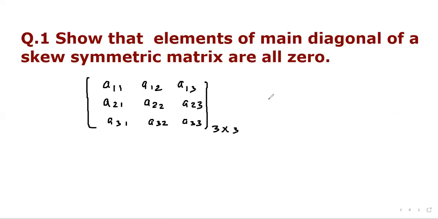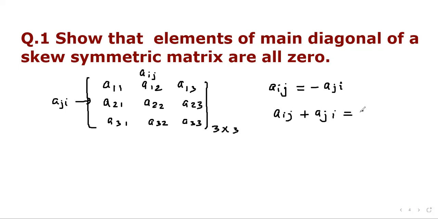So we can say that Aij is negative of Aji. Here this is Aij, so this will be Aji. Now we shift this term to the LHS: Aij plus Aji equal to 0.